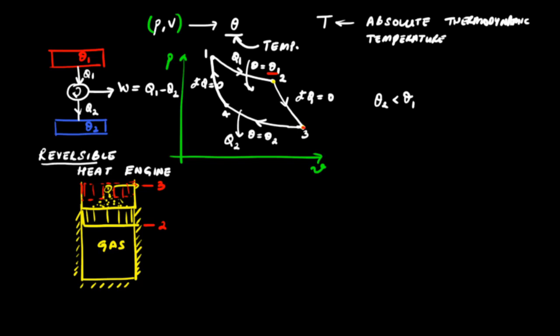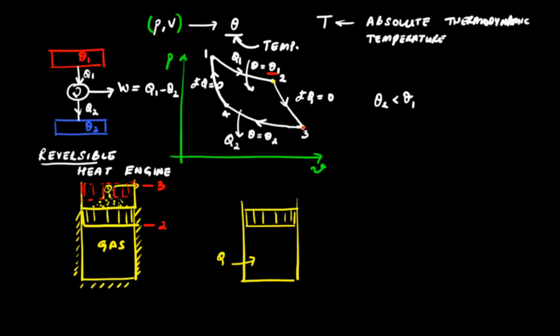Now similarly, heat can be added or rejected in a reversible process during an isothermal process. So let's say again, in the same system, that is this piston cylinder arrangement, we want to have heat transfer in a reversible manner. Then we know that the temperature difference is driving this heat transfer.